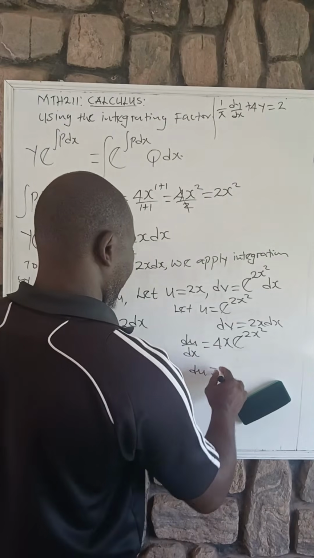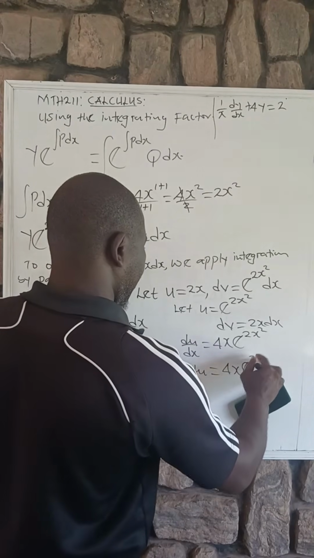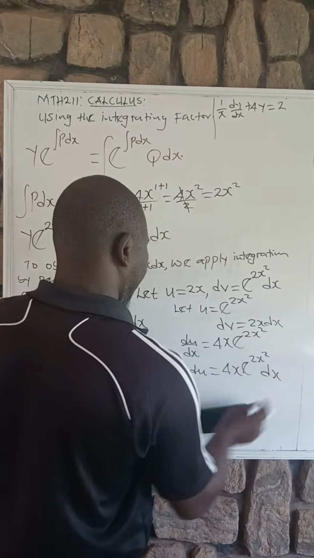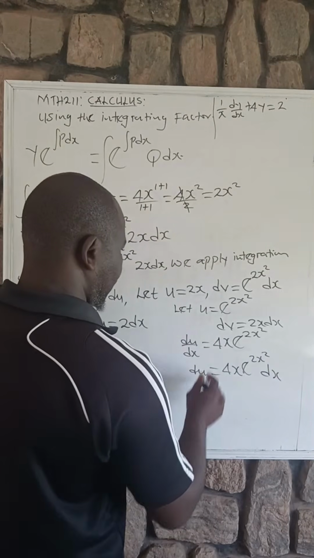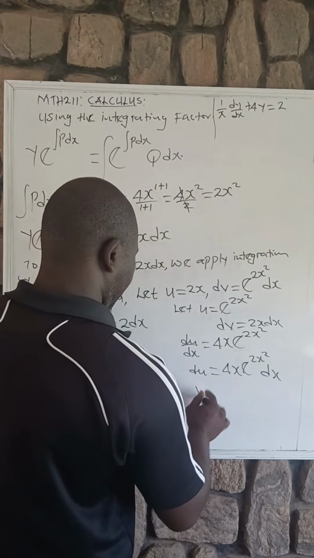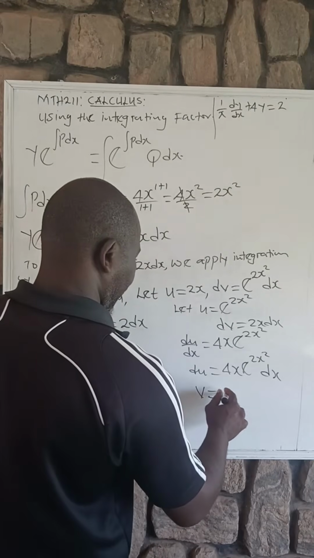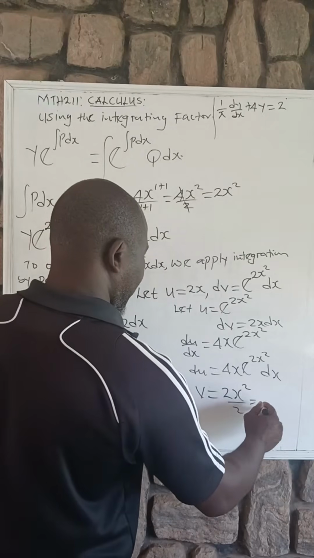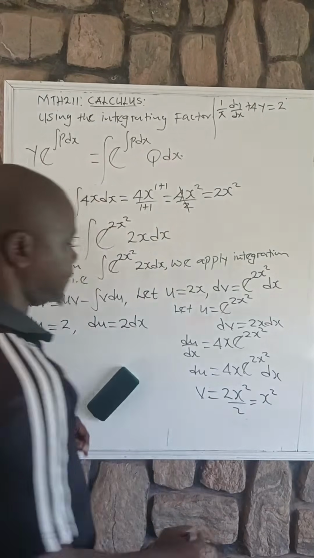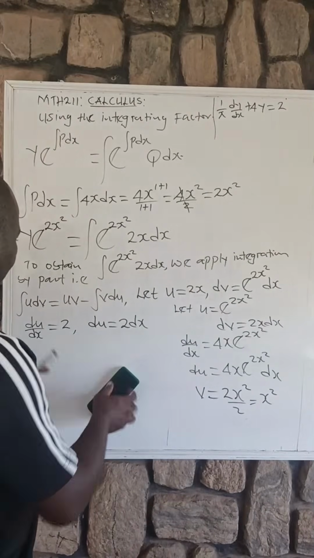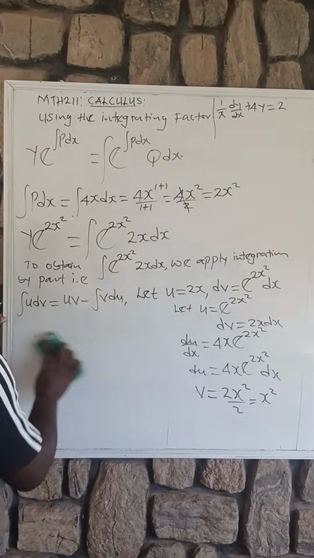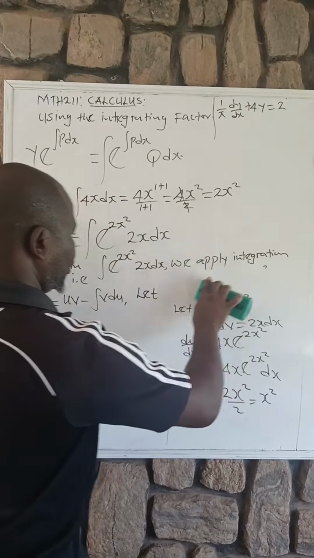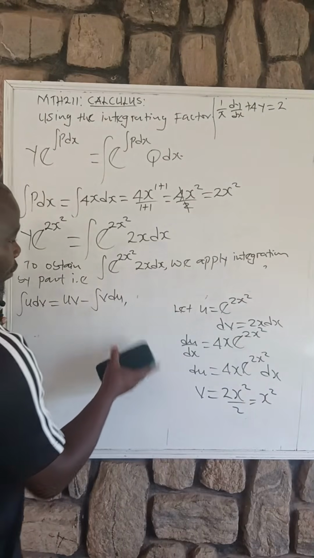Then when you integrate dv, we are going to have v equal to 2x squared all over 2, which is equal to x squared, right? So instead of this, let's do it this way. You understand what I did?